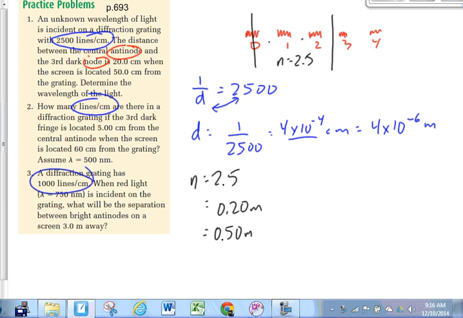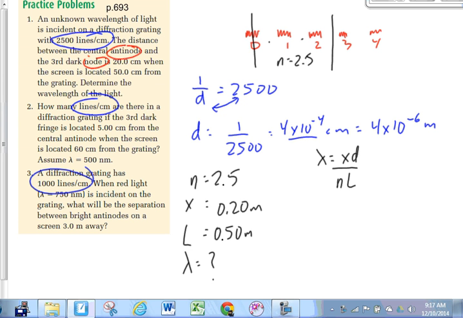We already got D, so it's either going to be x or L, right? X, good. This one's going to be L then, and we're trying to find lambda. So we want to use the equation lambda is equal to xd over n times L. But we got to check to make sure that we're allowed to use it.